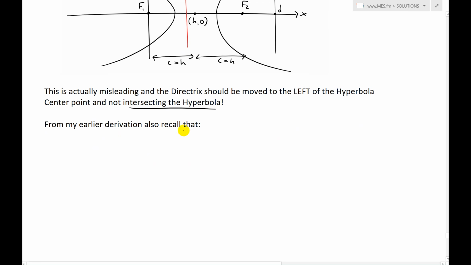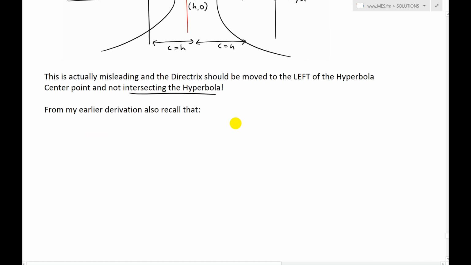So from my earlier derivation in that video, also recall that when I was deriving it, I ended up getting to this point: negative h equals d times e squared over 1 minus e squared.